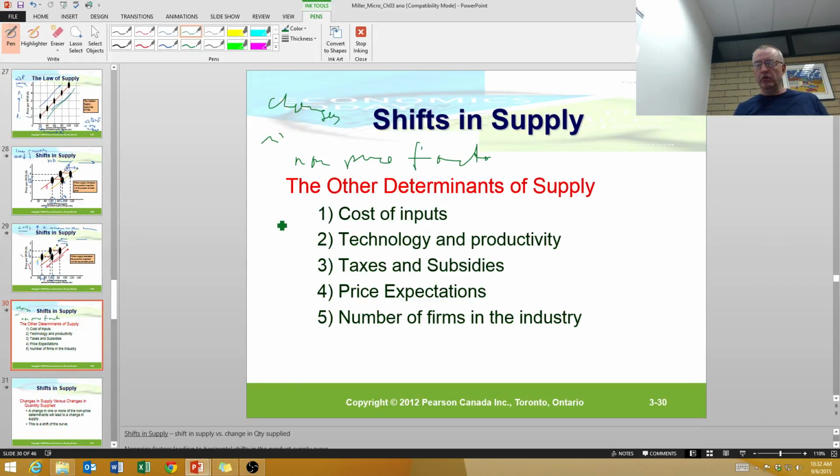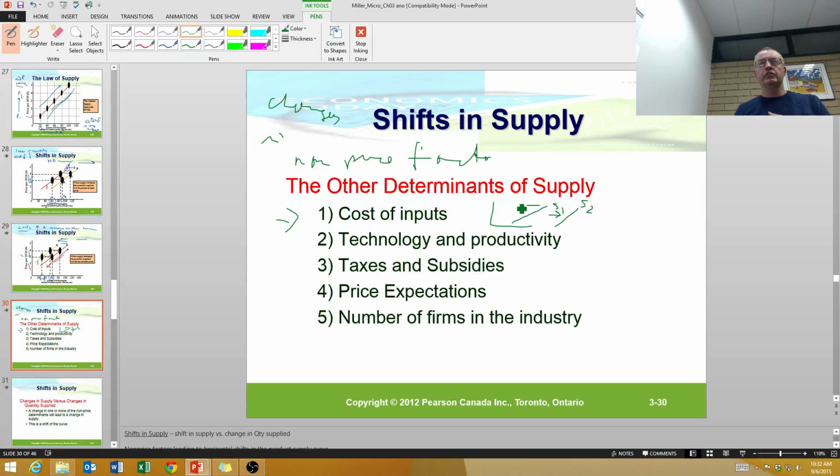So what are some examples of these different types of non-price factors? We've already seen changes in costs. If the cost of our resources, our factors of production, our so-called inputs, decrease, then our supply curve will shift out.